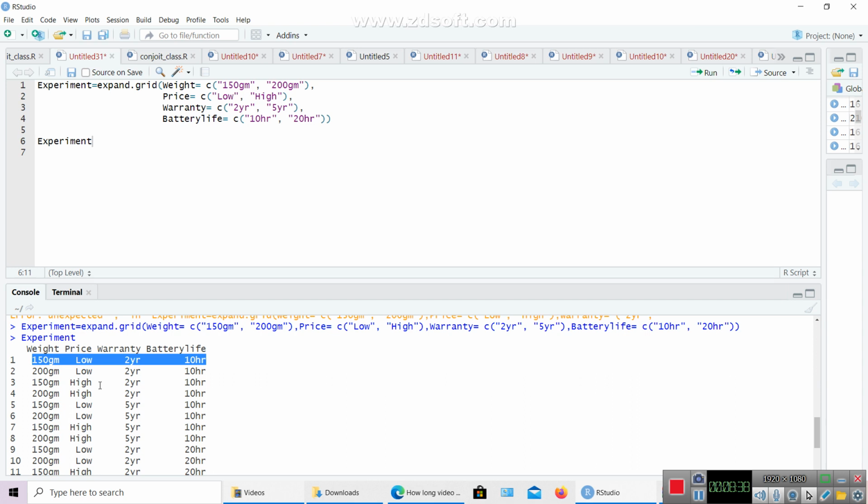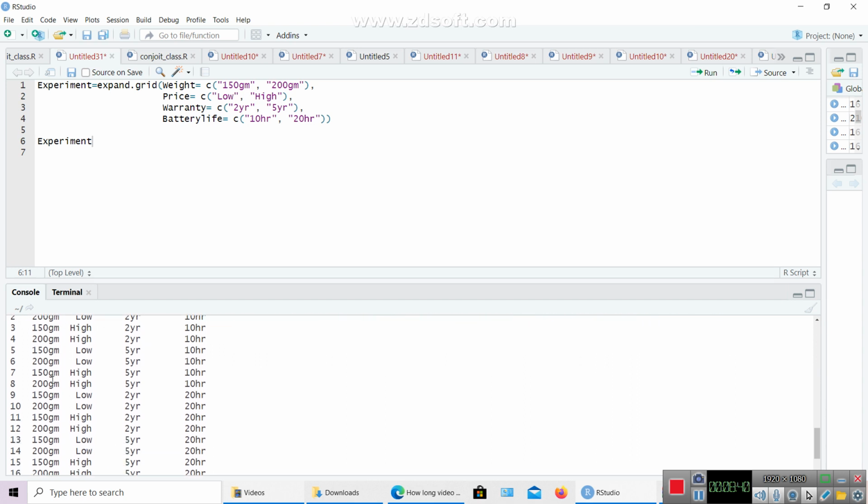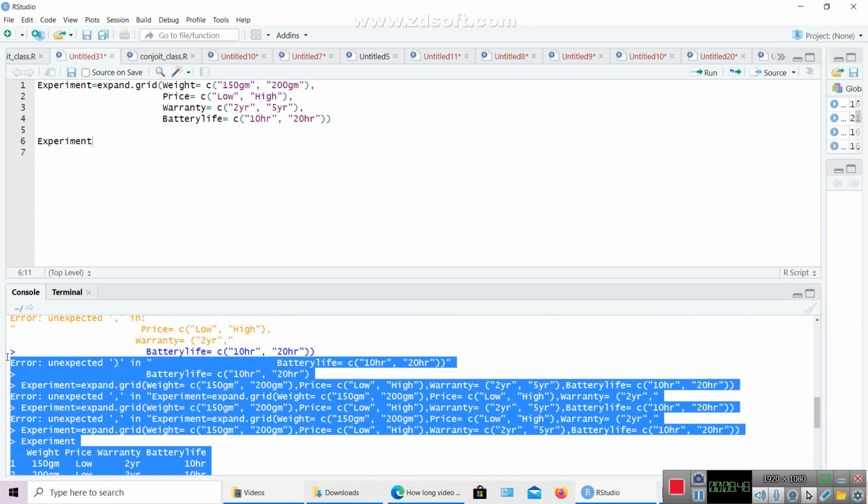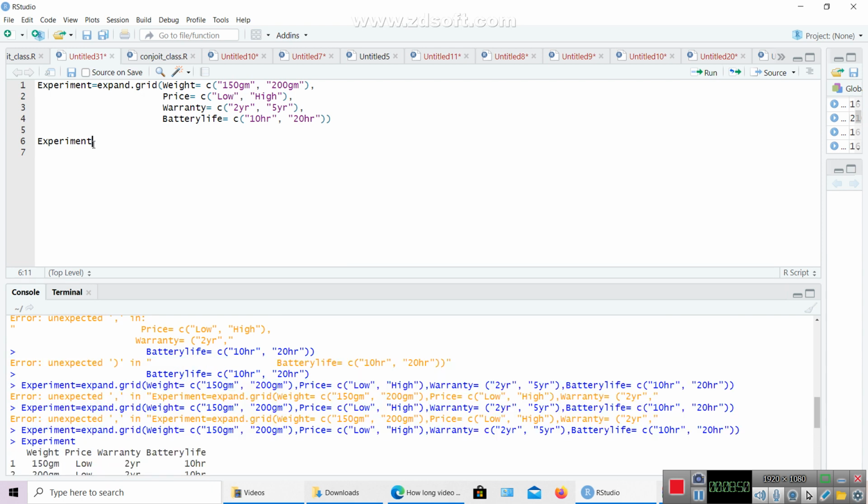So if I am conducting this experiment, each respondent will have to give scores to 16 various combinations. If I want to conduct my experiment like this, it will be known as a full profile experiment. Now how do we proceed with the experiment or the research design?